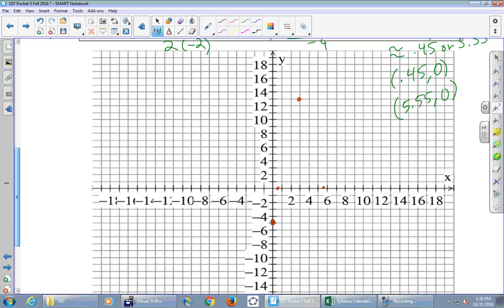So like 0, -5, where's the partner? How far did we have to go? 3 to get to the vertex. So if we just go 3 more, so come out here to 6, it's at the same height. So there's a point right there, which you kind of get for free. You just have to think about the symmetry.